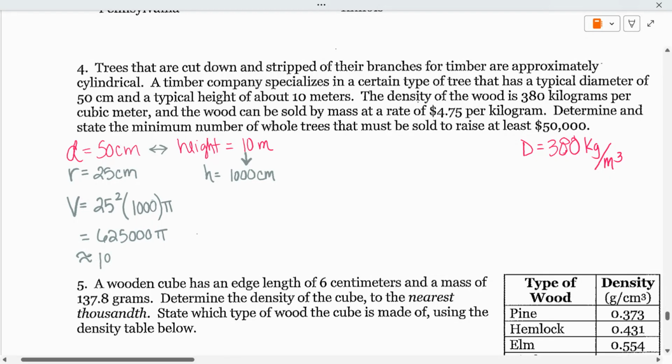It's got to be way bigger than that. 196 million.